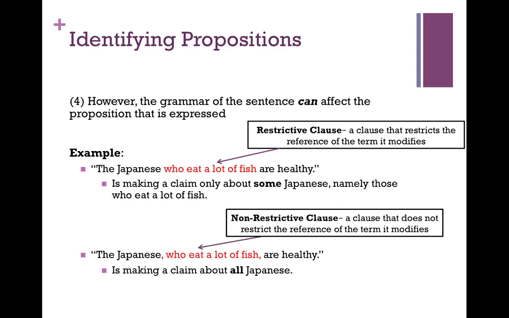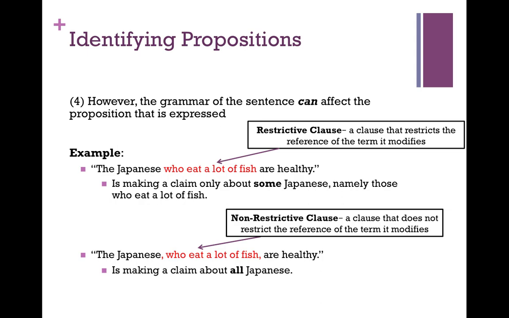Whereas in the second sentence, who eat a lot of fish is a non-restrictive clause. It's basically a clause that does not restrict the reference of the term it modifies. In both sentence 1 and sentence 2, who eat a lot of fish is modifying the term the Japanese.